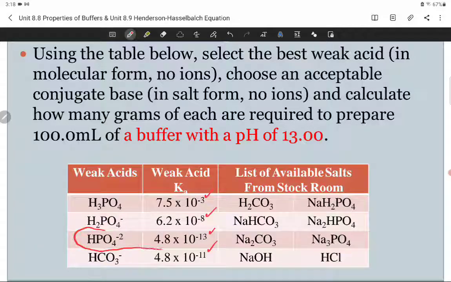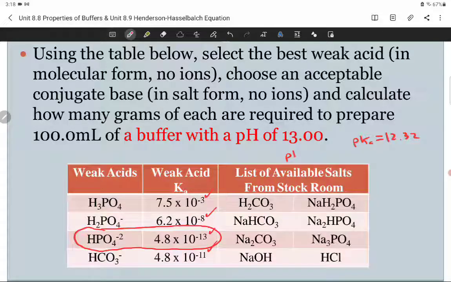So the weak acid that actually is going to give you a pKa closest would be that one. If I would run the numbers on that, and I would go 4.8 times 10 to the negative 13th and hit the log button, I would get 12.3. Now there's a lot of numbers on my calculator, and I would leave those all on my calculator, but for sake of shortening this so I could write this down, the pKa of 4.8 times 10 to the negative 13th is 12.32.